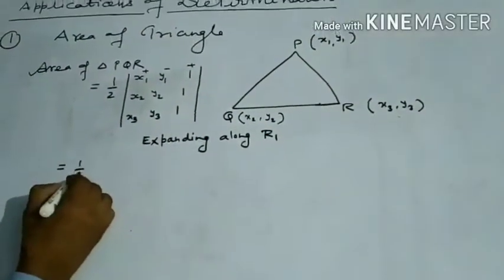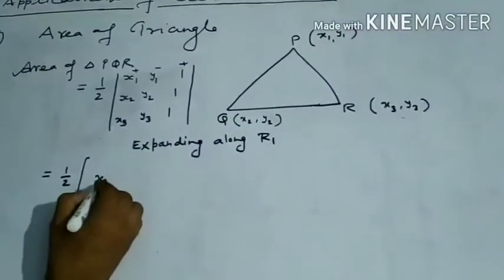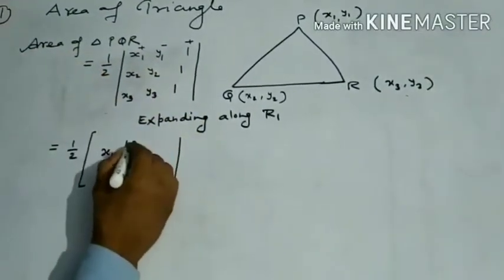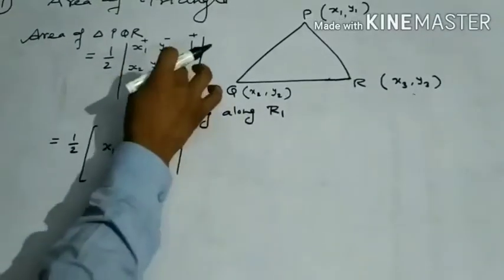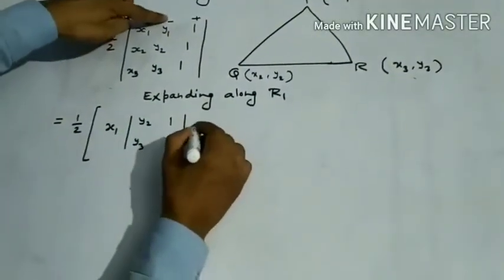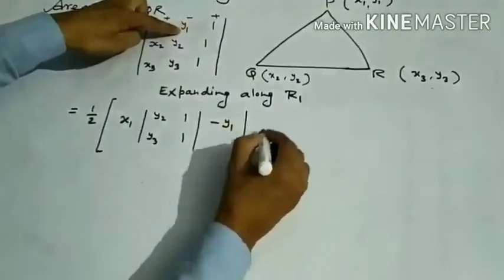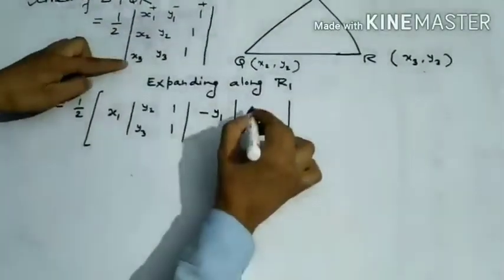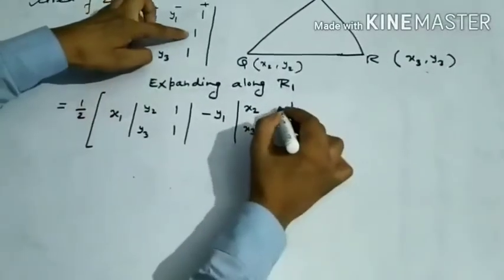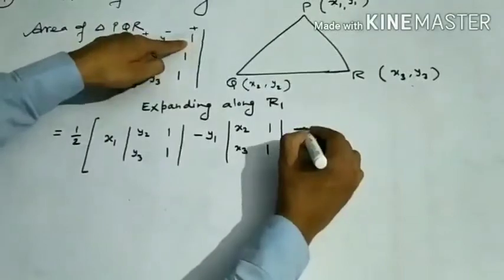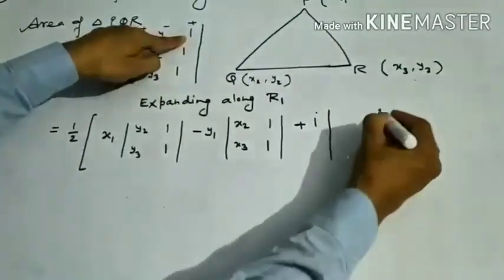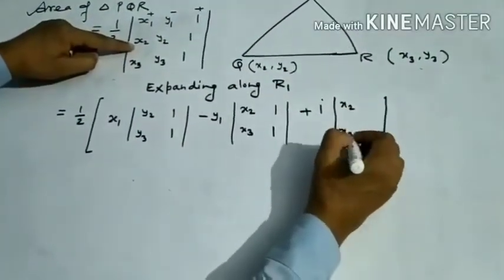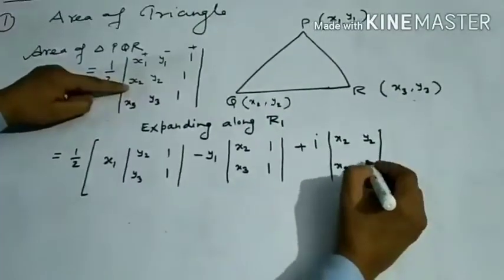So this is equal to 1 by 2, then x1 times the subdeterminant after leaving the first row and first column, which is y2 y3, 1 1; then minus y1 times the subdeterminant after leaving the first row and second column, which is x2 x3, 1 1; then plus 1 times the subdeterminant after leaving the first row and third column, which is x2 x3, y2 y3.